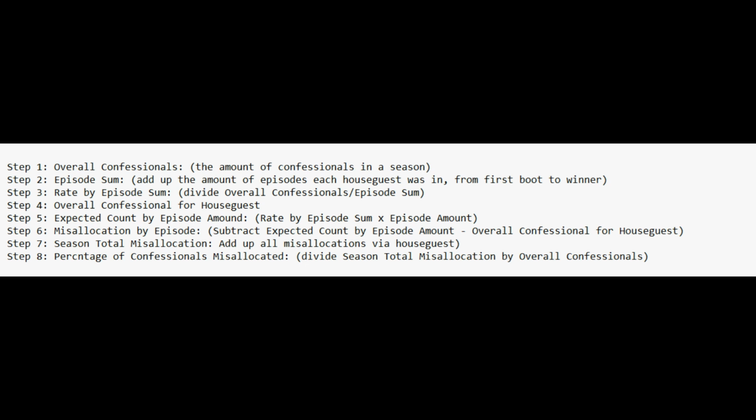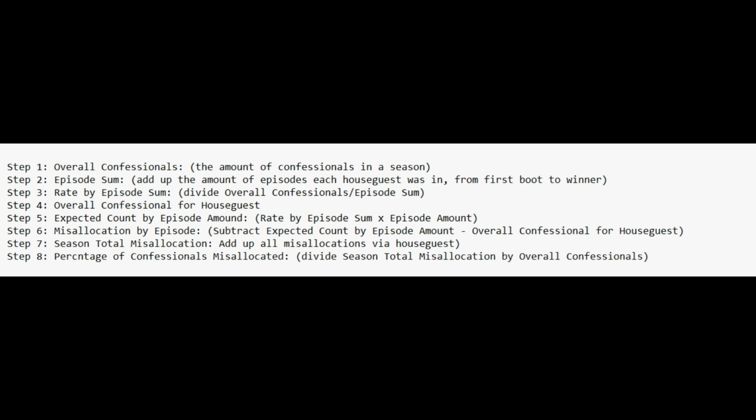That shows the differences between the amount of confessionals they got versus the amount that they should have gotten. If this number is positive, that means they got more confessionals than they should have. If it's negative, that means they got fewer confessionals or diary rooms than they should have.